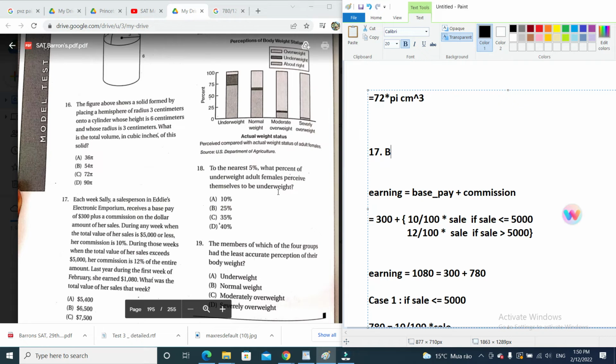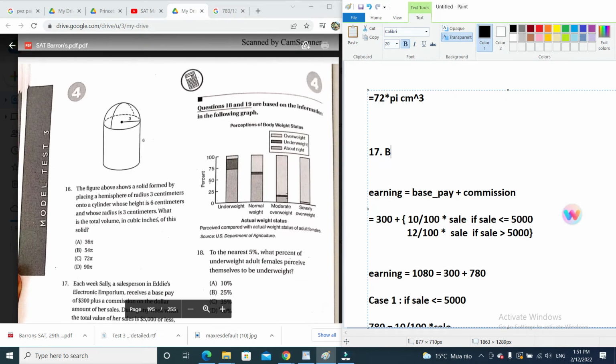So number 18, to the nearest 5%, which percent? Okay, for questions 18 and 19, we are dealing with a bar graph about the perceptions of body weight status. This one asks about how each category of people thinks about their weights.